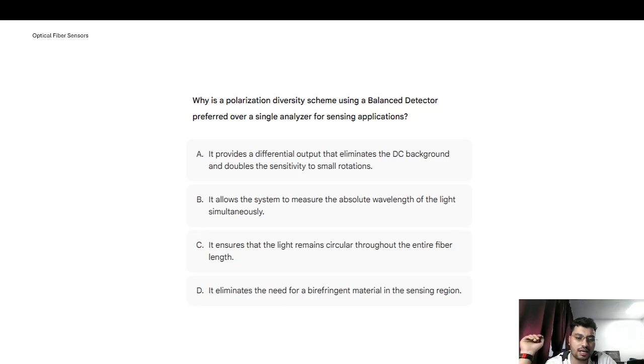C, it ensures that the light remains circular throughout the entire fiber length. D, it eliminates the need for a birefringent material in the sensing region. What's your answer for this? Why do we use this balanced detector?